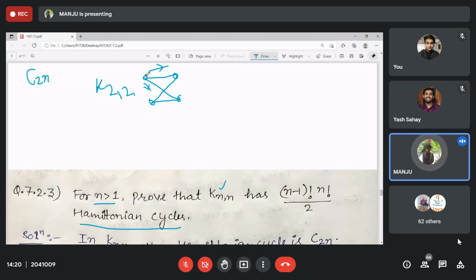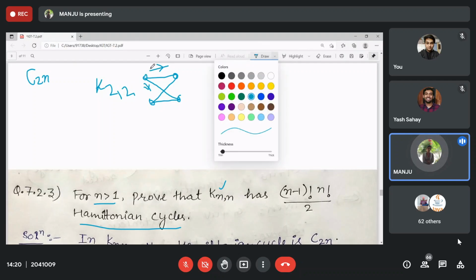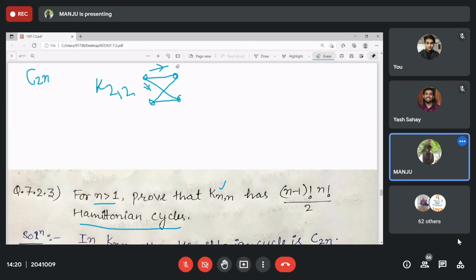Both provide the same cycle. So for this one we have just one cycle: (2 minus 1) factorial times 2 factorial divided by 2 is 1.